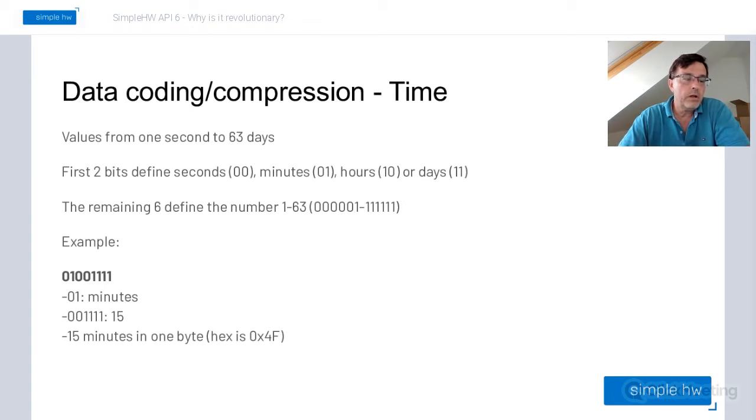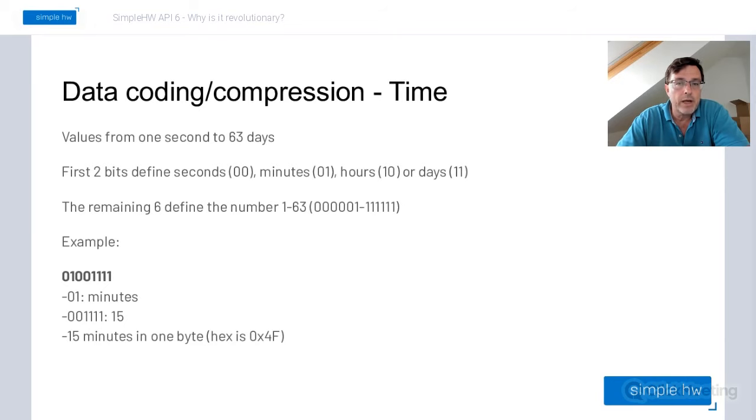So for example, if I see a number which is 4f in hex, the first 2 bits are minutes because it's 0, 1. Then 0, 0, 1, 1, 1, 1 is the number 15. So basically it means 15 minutes, and we are encoding it within 1 byte.